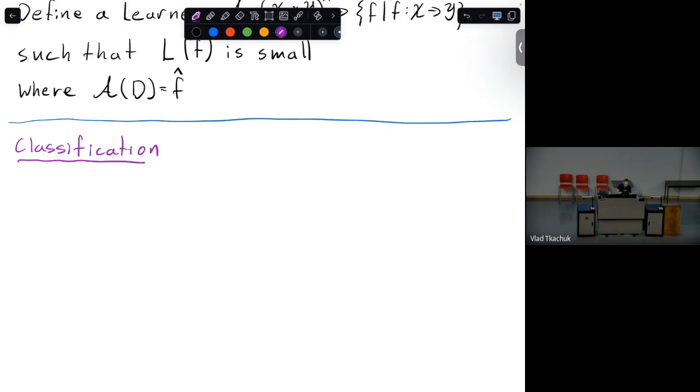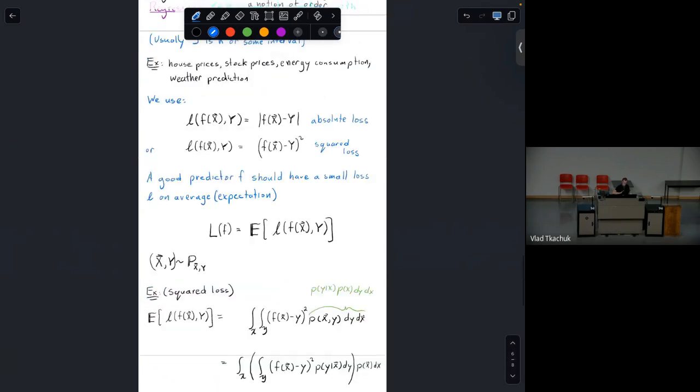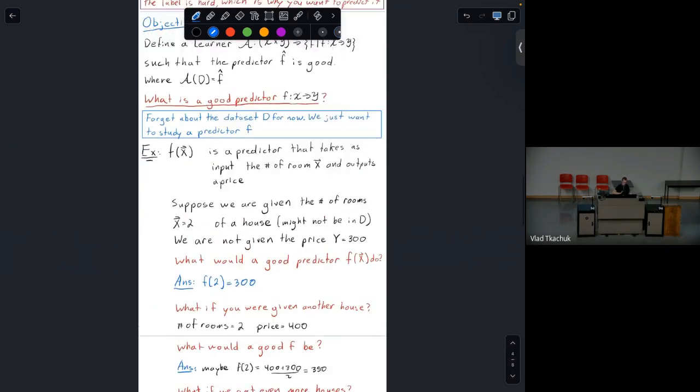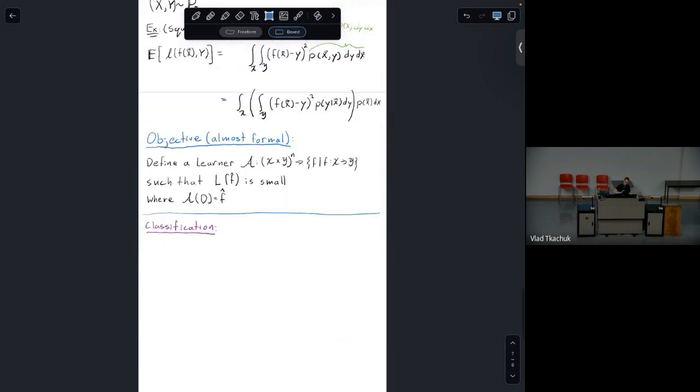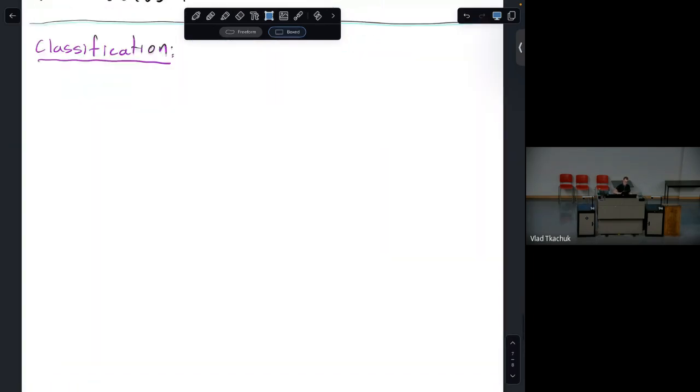So we have classification. Let's do the example. To save some time, I'm going to just copy the story, and we're going to do another plot. Then we'll talk about the definition.